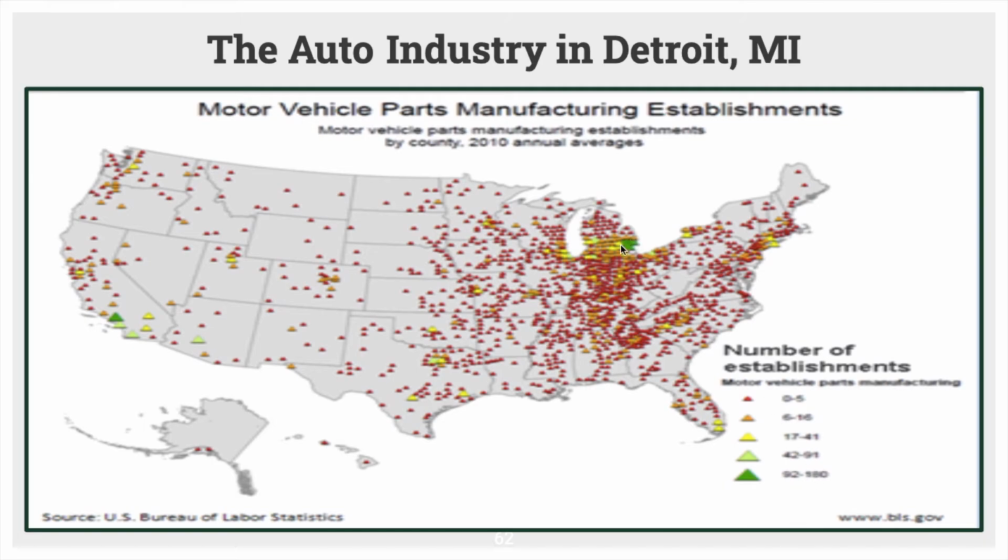And you can see that dark green color with a lot of yellow and orange and a ton of red in Detroit, Michigan, and in general in the Great Lakes area, including Northwest Indiana, which is where we are. The economies in this region, in these cities, in these states, are heavily based on the auto industry. And agglomeration occurred as a result throughout the past 100 years or so.